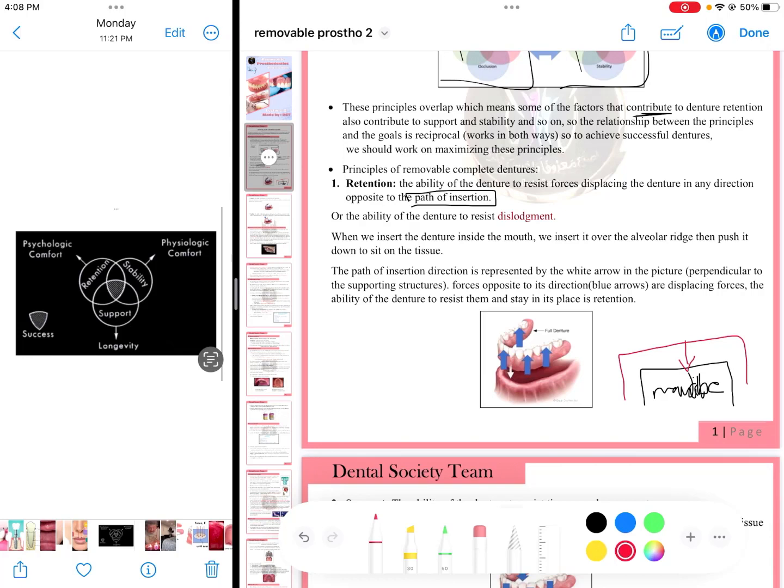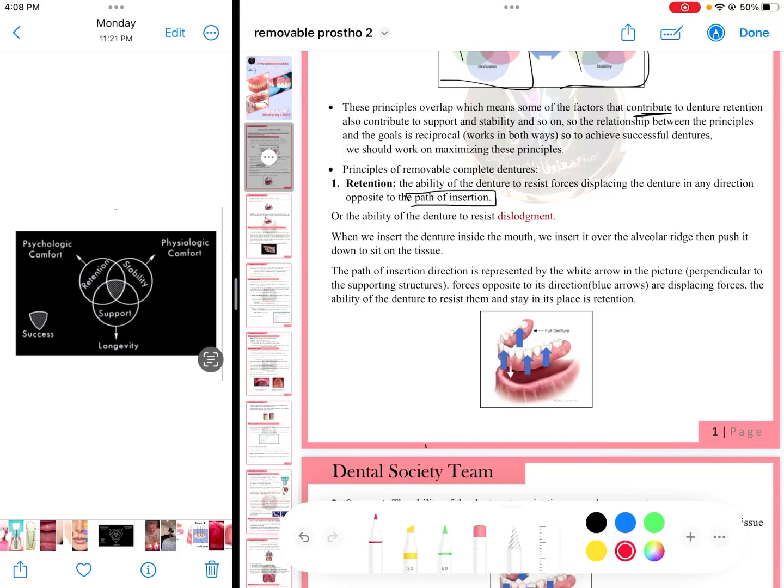Okay, some people will say انه اوكي دكتورة اكيد دايما راح نلبس الدنشر بهالشكل يعني بالpath of insertion. No, sometimes some patients will wear the denture in an oblique way, يعني like this they will wear it. Some people maybe will wear it in an oblique direction, like this. Okay, however the path that is taken by the patient to wear the denture is called the path of insertion.